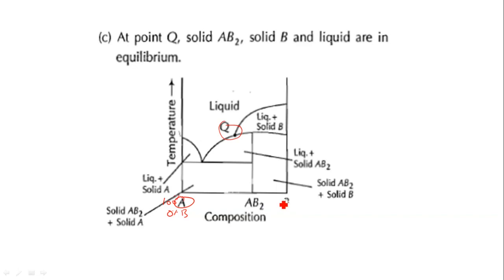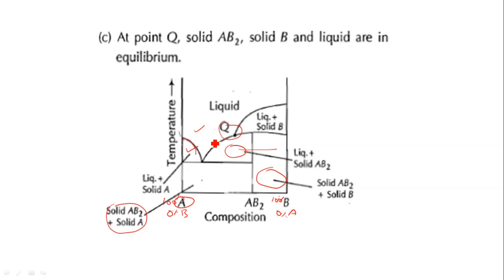Here you will get 100% of composition B and 0% of composition A. So in this part, solid AB2 plus solid B will be present, and the center line is AB2. Here solid AB2 plus solid A, this portion. And this is the portion where liquid phase and solid A phase occur. And in this portion, liquid and solid AB2 are in equilibrium.